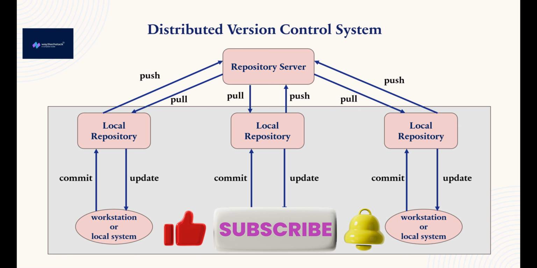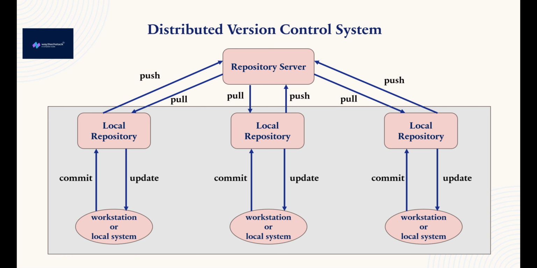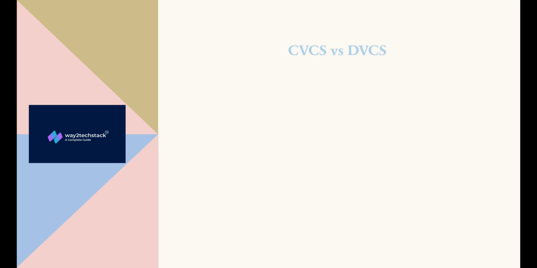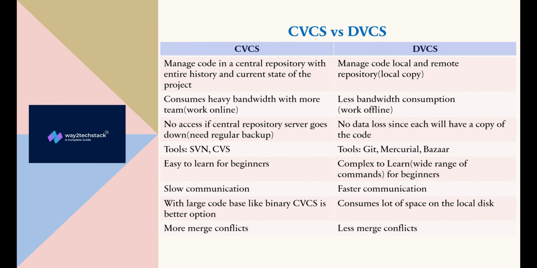Now let us conclude and see the major differences between distributed version control systems and centralized version control systems. I have written them in tabular form. Let us see the points one by one. First of all, CVCS manages code in a centralized server where the entire history and the current state of the project is stored. What does it mean?